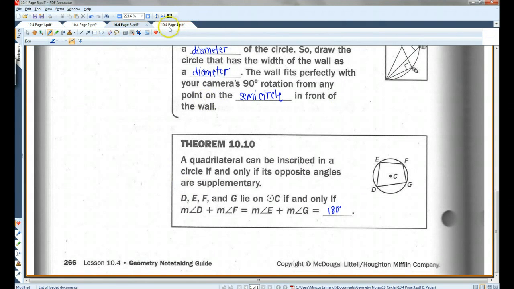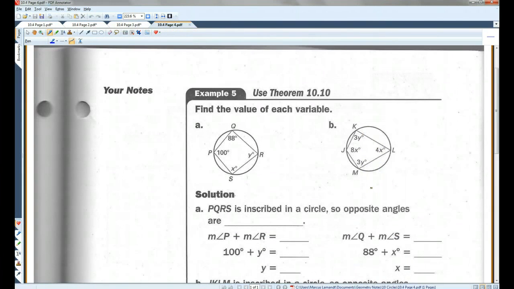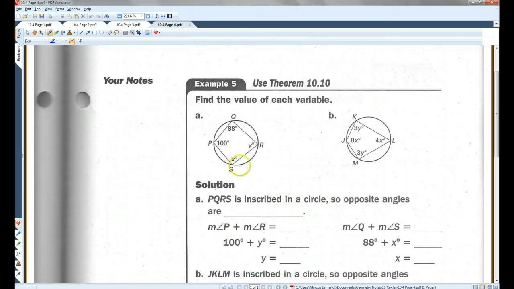Alright, last page. Find the value of each variable. Okay, so using the theorem we just learned, opposite angles have to be supplementary. So PQRS is inscribed in a circle, so opposite angles are, like I just said, supplementary. So in this case, angle P and angle R add up to 180 degrees.